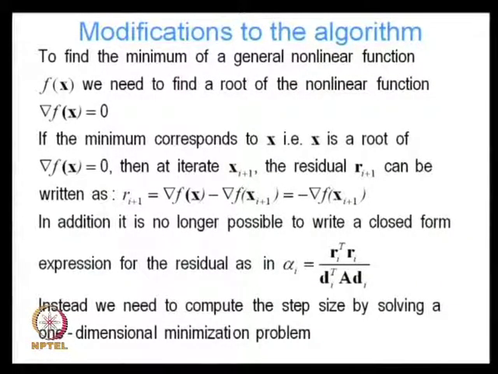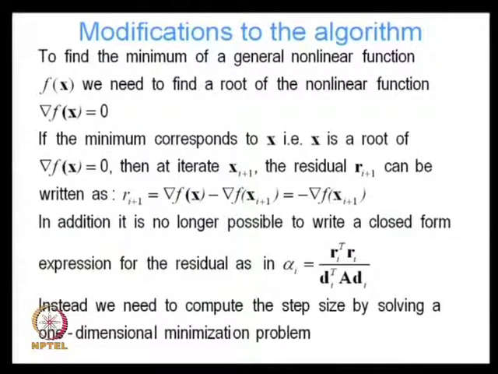So, we get minus grad of f x I plus 1. So, that is going to be my residual. So, that is one thing. We cannot calculate the residual using our previous formula. So, we have to calculate the residual directly from the gradient of the function.